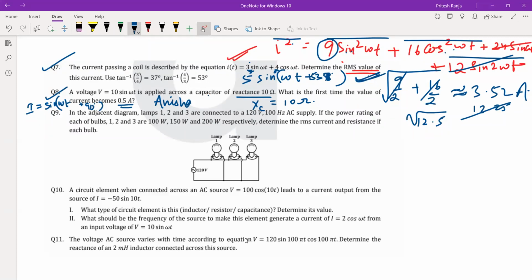You have to just substitute the value of current I as 0.5. So 0.5 will be equal to sine omega t, and from here we get the value of omega t.